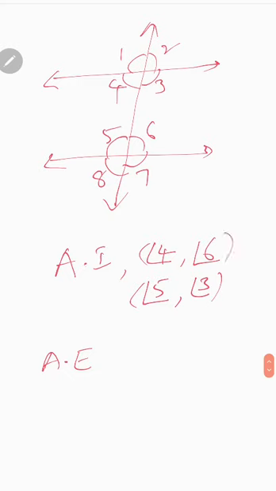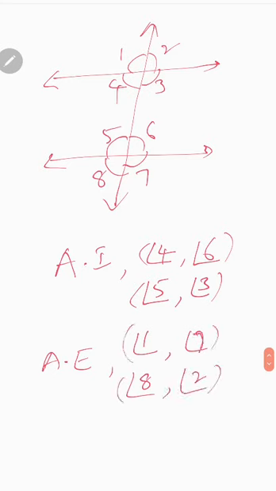Total 2 pairs of alternate interior angles are there, and 2 pairs of alternate exterior, that is angle 1 and angle 7, angle 8 and angle 2. These are alternate exterior angles. What is the relation between them? Alternate exterior angles are always equal.